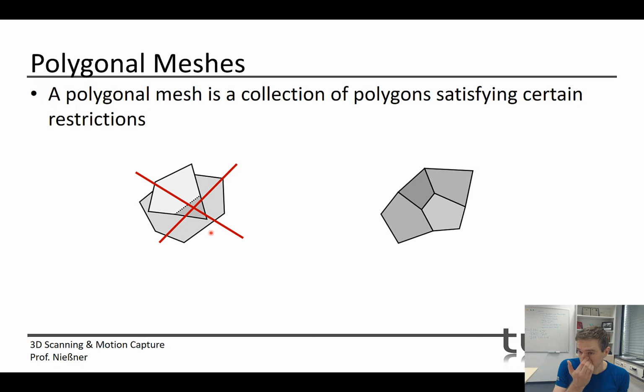This is not something that could happen in the real world very easily, because you would expect a closed surface, right? This is interesting when you're cleaning up meshes, and we're going to talk about this a little bit later in this lecture. These kinds of artifacts sometimes appear based on certain reconstruction methods, especially when you're taking unstructured point cloud data. So you have to be careful when you're doing these kinds of things.